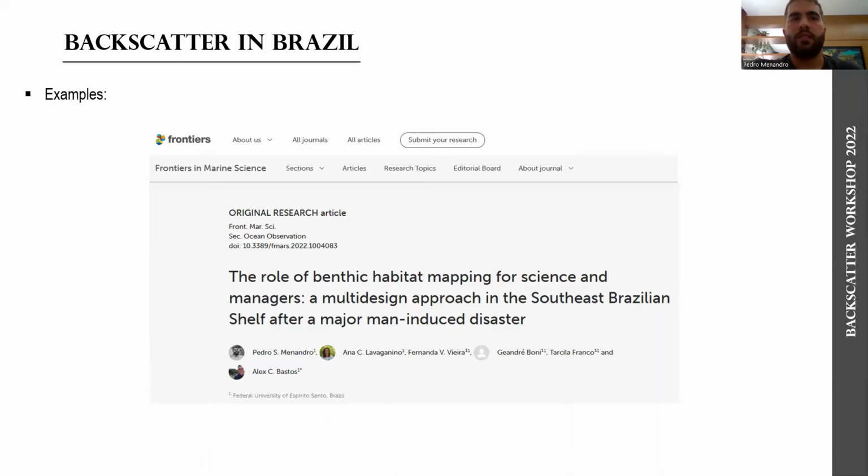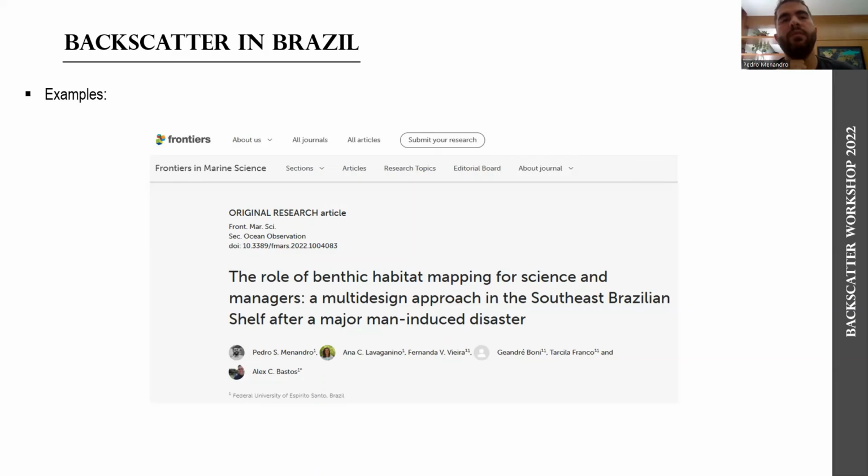It's a habitat mapping classification using bathymetry, backscatter and cameras after a major industrial disaster. It was a dam failure, with many tons of tailings reaching the Doce River mouth.